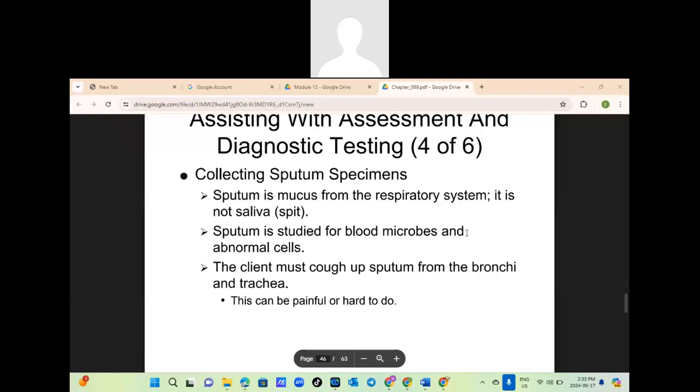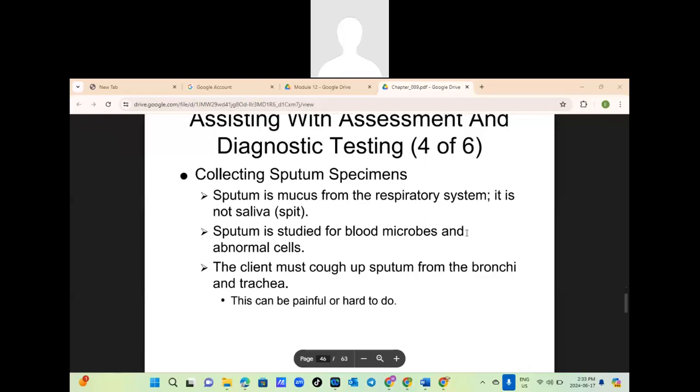So the client must cough up sputum from the bronchi and trachea. This can be painful or hard too. Do we have challenges with clients who are already aging?